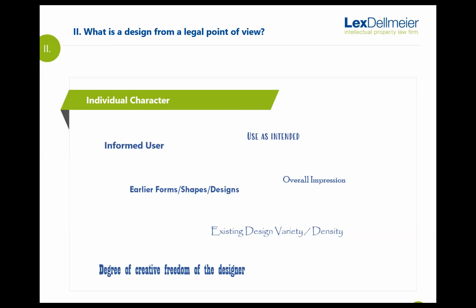That is, the individual character depends on the degree of freedom that the designer of the new design had when creating it. A small scope for a designer to create something exists if there's already a large number of existing designs in the same product category in the market, which only show small differences.